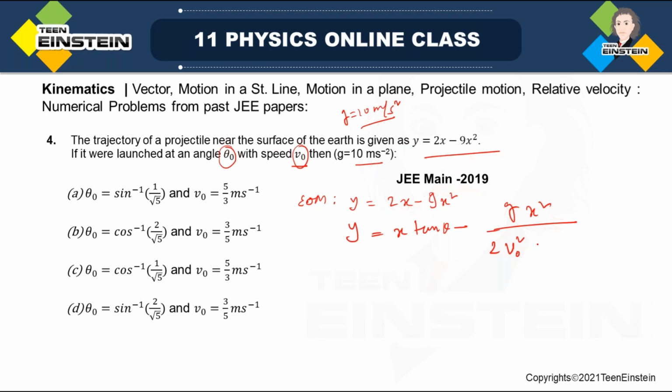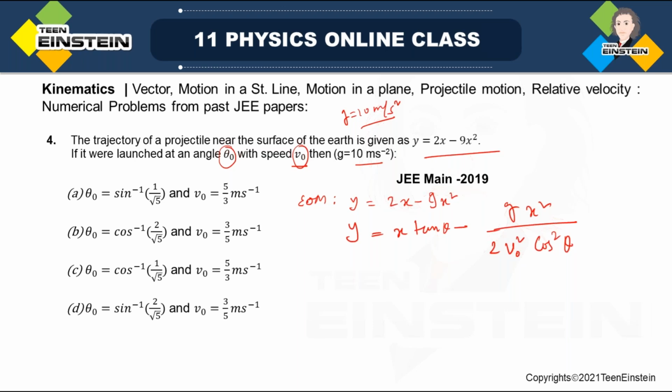Into cos square theta. Okay, g x square by 2 v square.